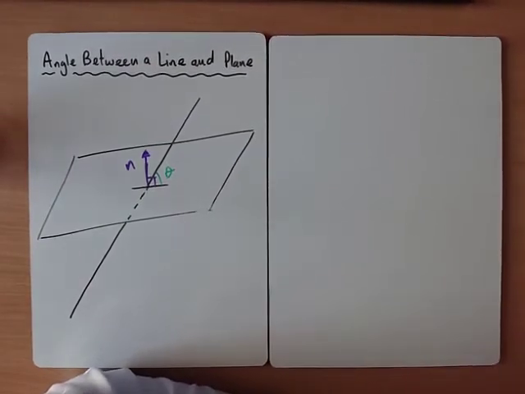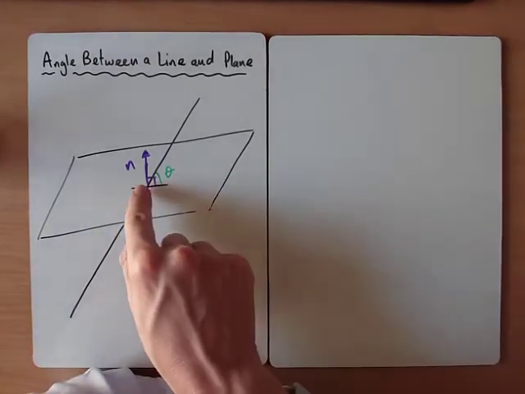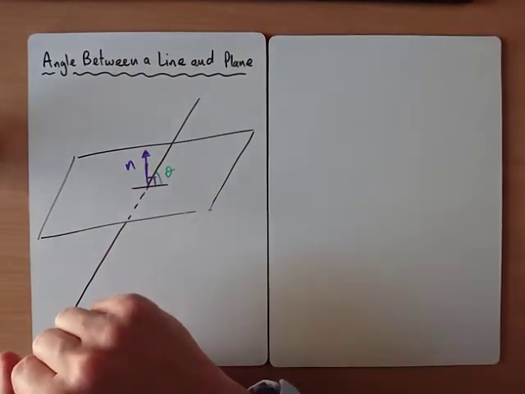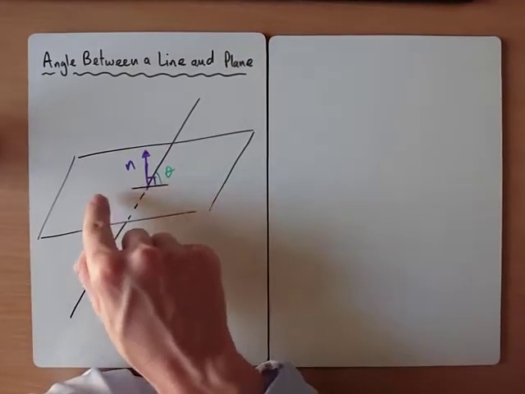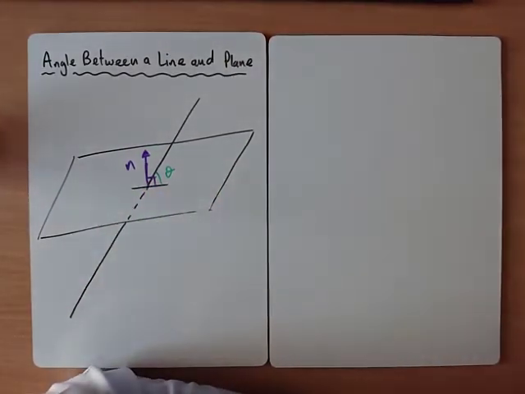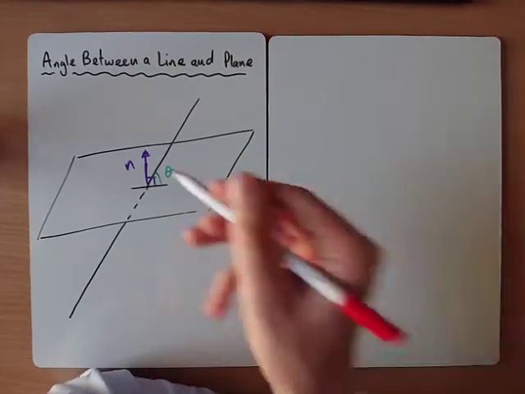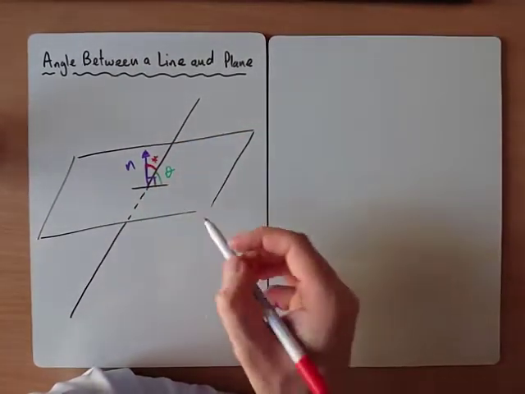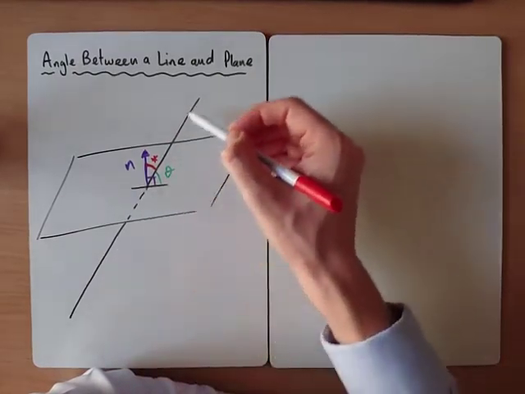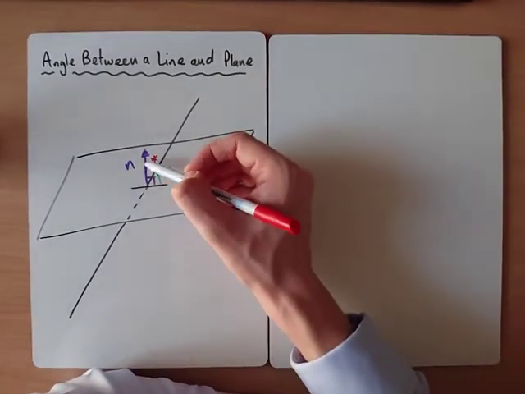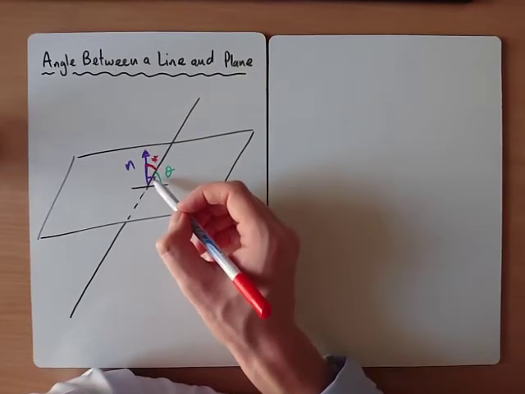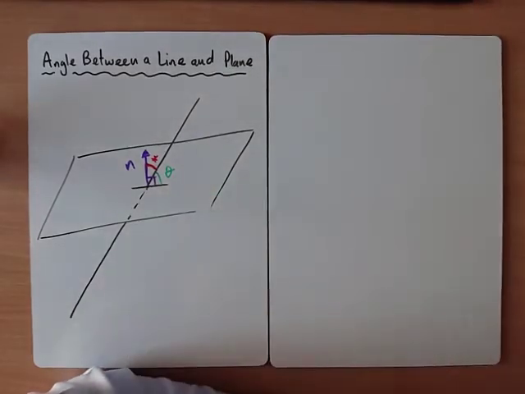Okay. So if we wanted this angle here between the plane and the line as it cuts through, and we know what the normal vector to the plane is, can you see that if we work out the angle between the line and the normal vector, the angle we want would just be 90 minus that.